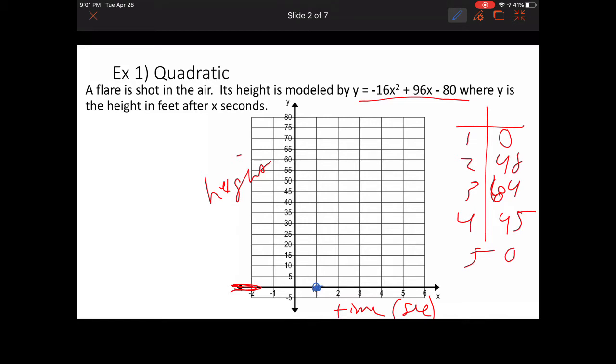Here's 2, 48. 3, 64. Of course, 4, 48, right? And 5, 0. So here's your quadratic upside down, and that's all that matters in this scenario. We're talking about just the scenario. So anything down here doesn't matter because the ground stops the flare.